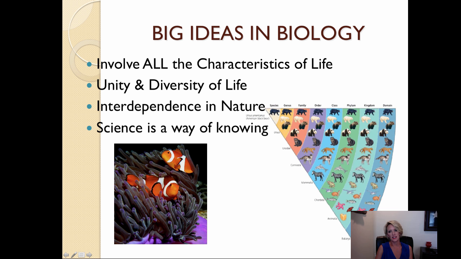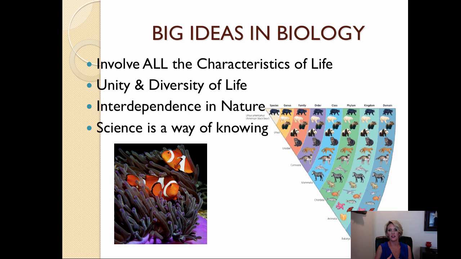And then the big ideas in biology are our big focus for the year. And one of the big ideas is that all these characteristics of life apply. And so what we'll do is delve into each of those things more in detail and actually how they happen. And that will encompass our entire year.